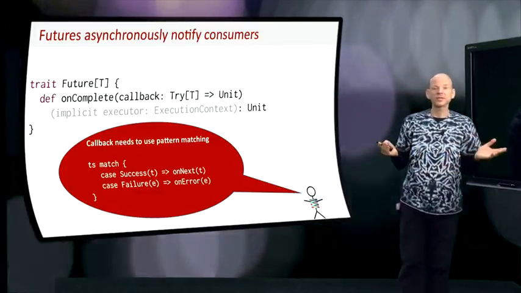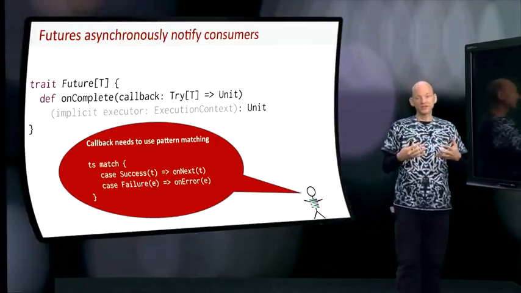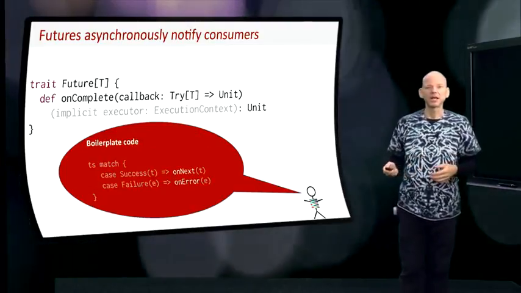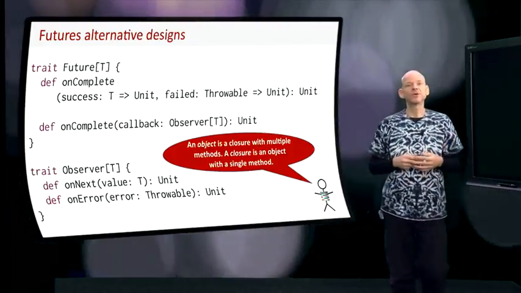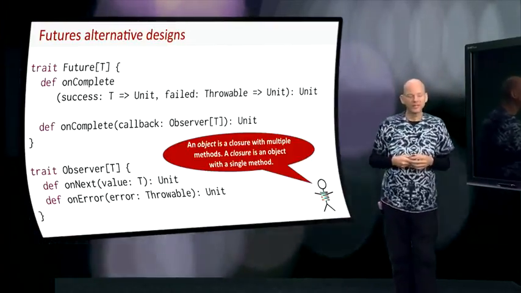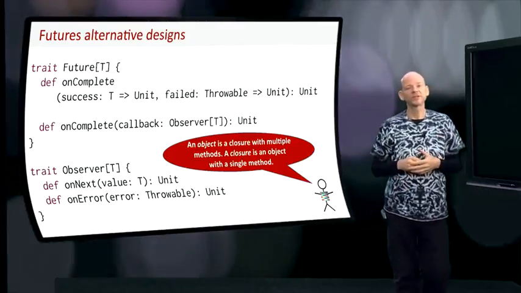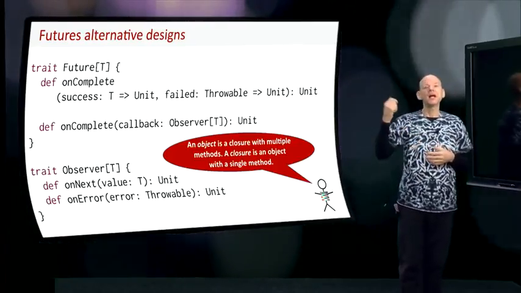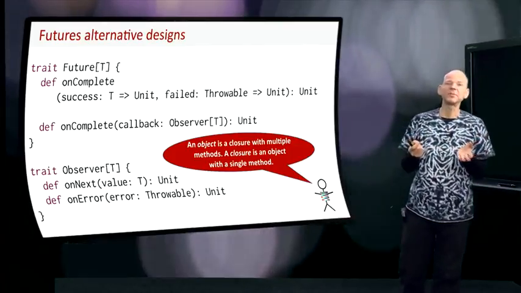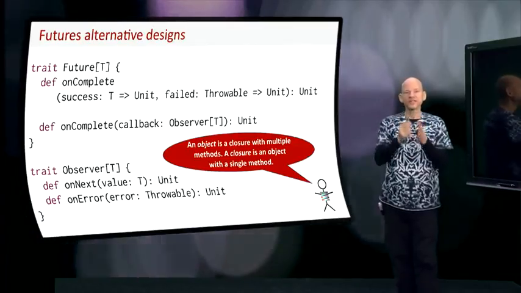Or we can say, there are two functions there, so let's put them in a type themselves and pass that. Let's look at how that would look, focusing only on the essence. The first one would be that onComplete takes two callbacks, one for when the function successfully completes, and one for when it fails. If you're a JavaScript programmer, you will see that JavaScript often uses this model.